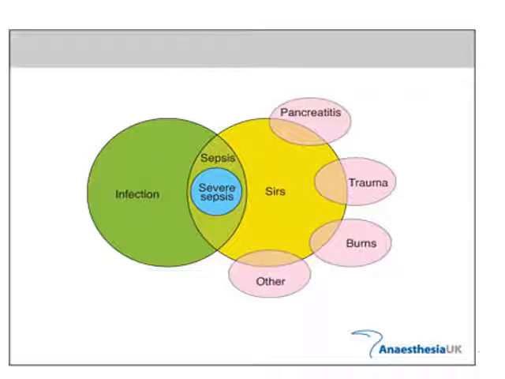So if you have an infection plus the SIRS, the systemic inflammatory response, that can put you into sepsis. If it doesn't get treated, then you can see in that blue circle, you move into severe sepsis. So you get a preliminary SIRS, then you get an overwhelming SIRS, or systemic inflammatory response system.